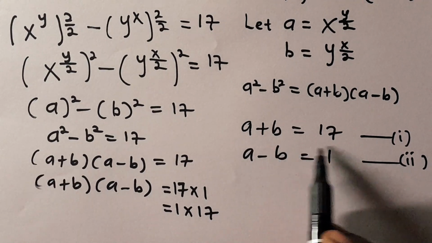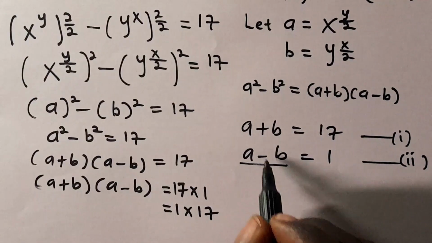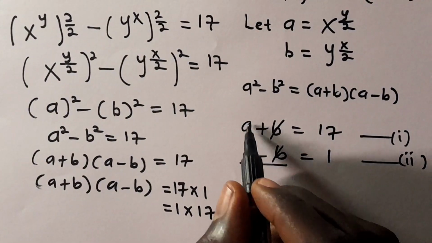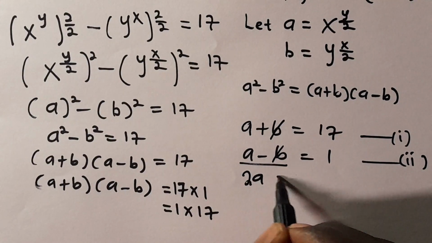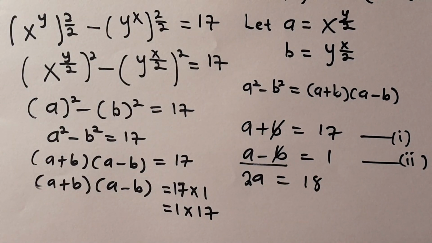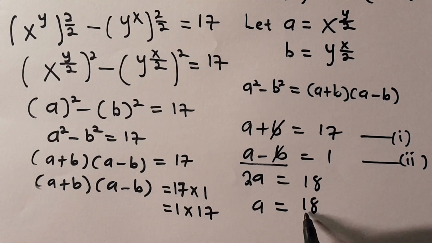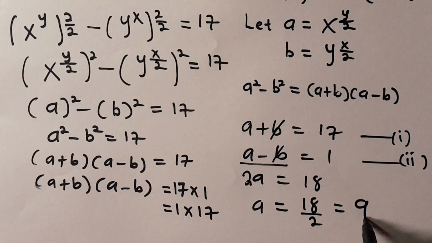So by solving this one simultaneously, adding them together, the b will cancel out. A plus a will be 2a will be equals 17 plus 1 will now be equals 18. So from here, our a will now be equals 18 divided by 2 will be equals 9.